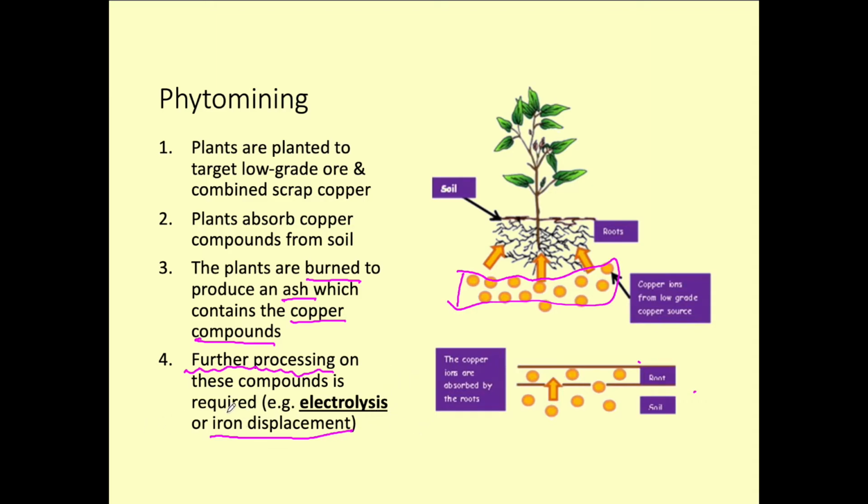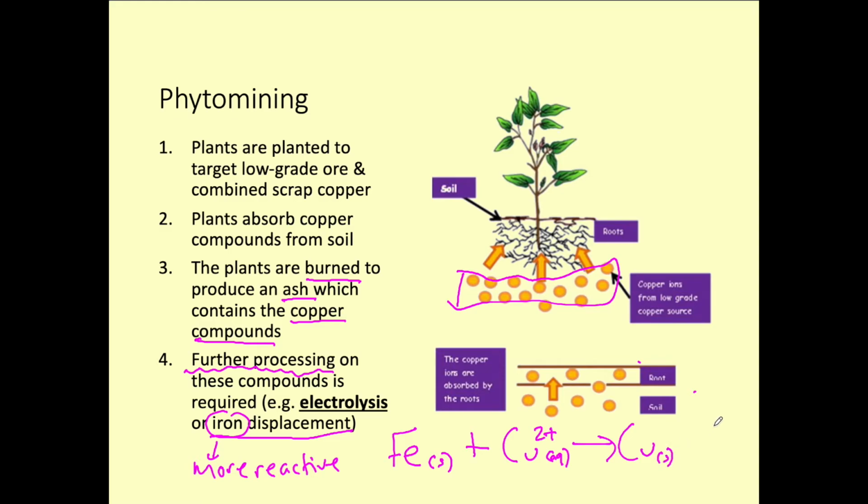So iron is more reactive than copper, and so it can be used in a displacement reaction where we're reacting our elemental iron with our copper ions that are in those compounds in order to extract our solid copper and then leave behind those iron ions. So this is our ionic equation for that ion displacement reaction.